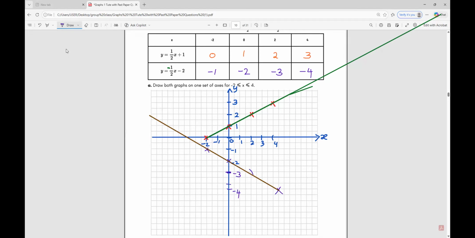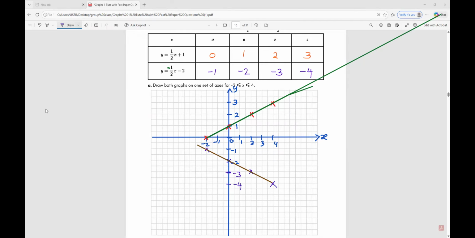Minus 3, minus 4. The green color line, I need to extend it this side.